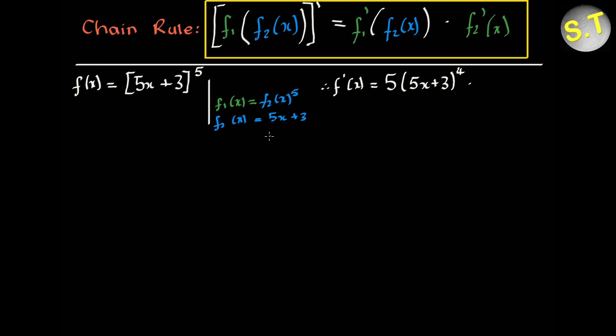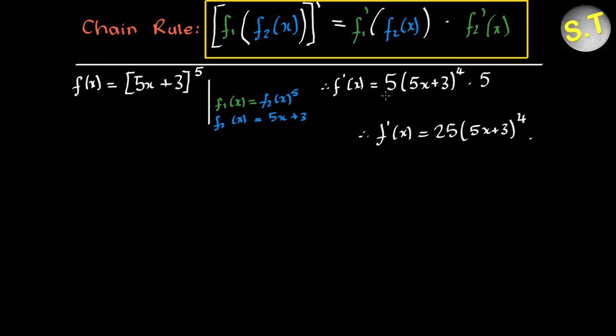So using the rules discussed in previous videos, the first derivative of 5x plus 3 is just going to be 5. So multiply by 5. So therefore, our f prime of x is going to be equal to 25 times 5x plus 3 to the fourth power.